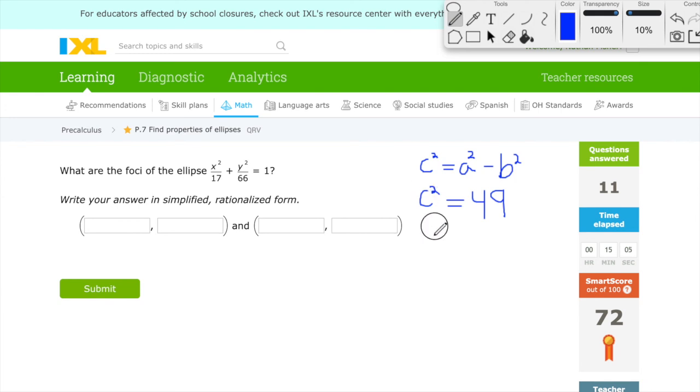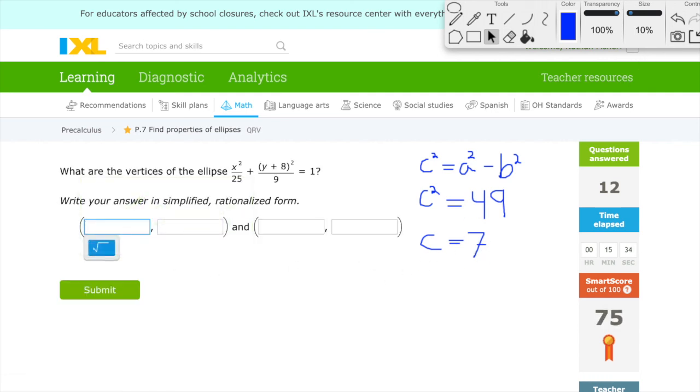Well, if I square root both sides, I'd get c equals 7. And now to fill in my answer, because it's underneath the y value, the bigger one, these are going to be zeros in the x spot. In the y spot, because it has the bigger one, I'm going to have -7 and +7, this number.